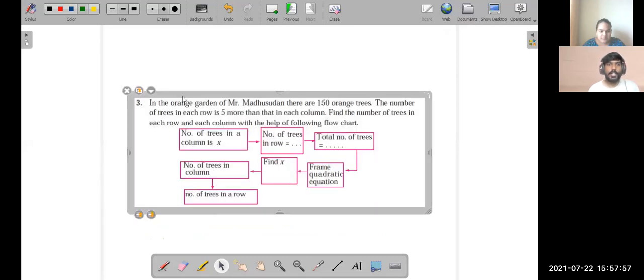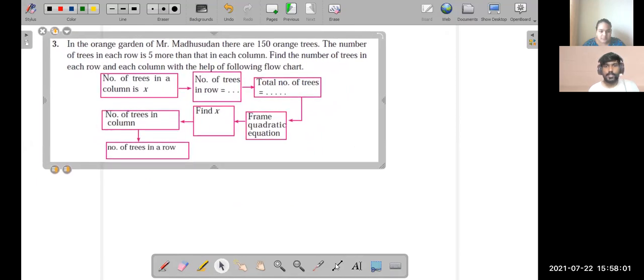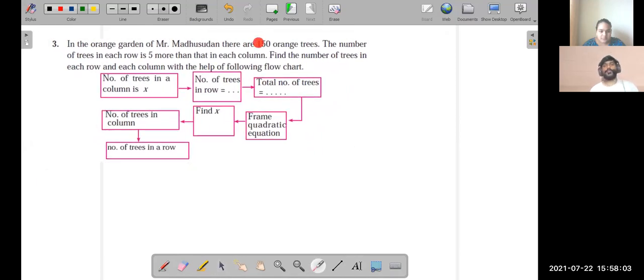So in the orange garden of Mr. Madhusudan, there are 150 orange trees. The number of trees in each row is 5 more than in each column.